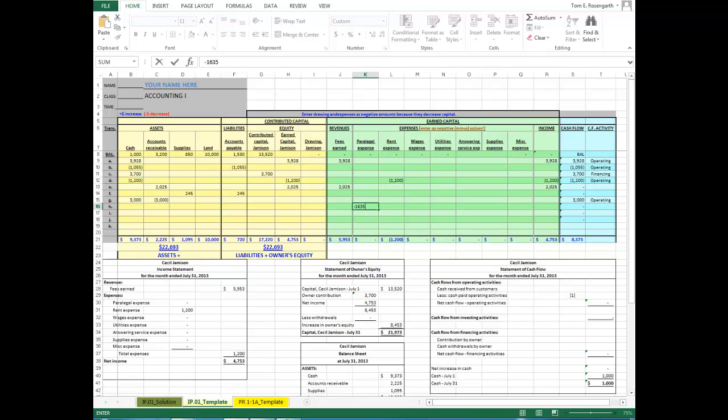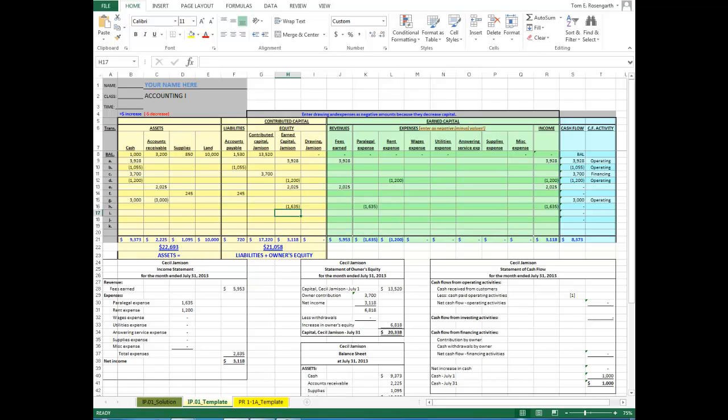We will enter in a negative amount for expenses because expenses reduce income and expenses reduce earned capital. So the legal expense reduces income, and we should also show a commensurate decrease, $1,635, in equity.